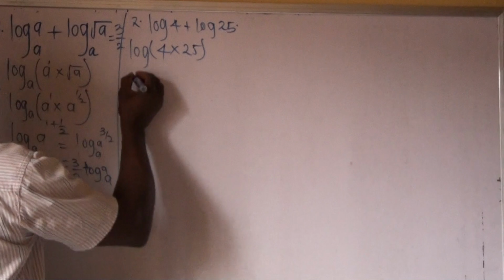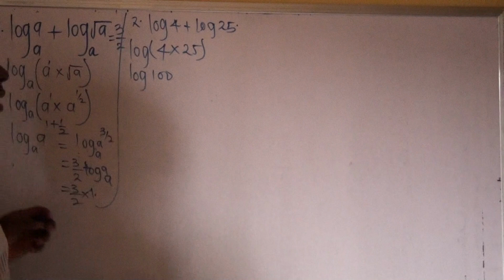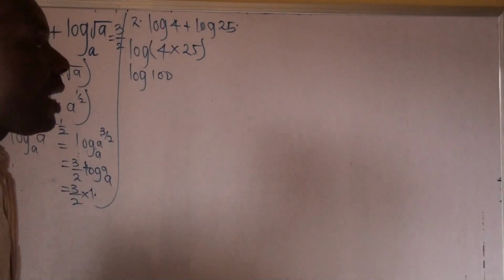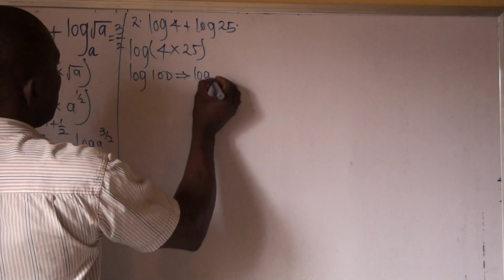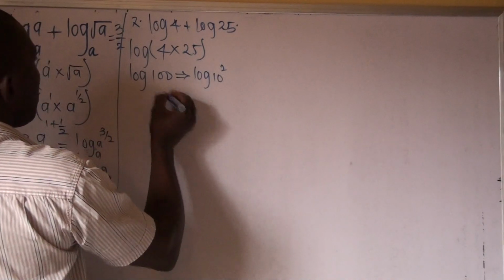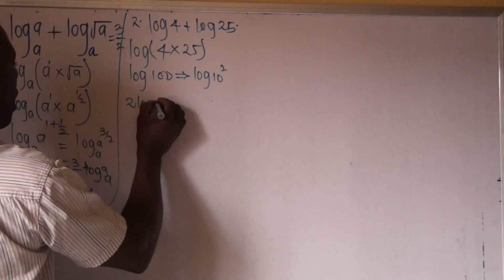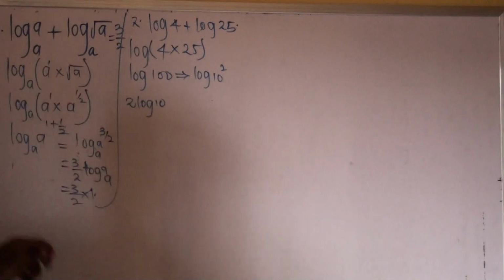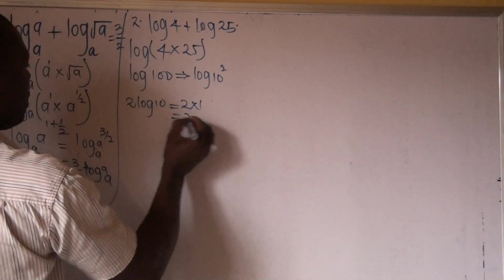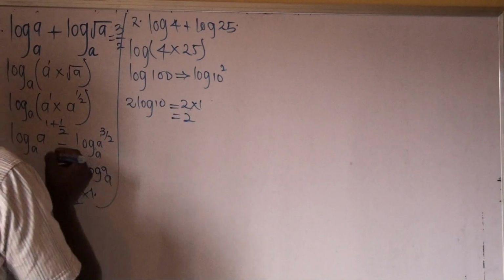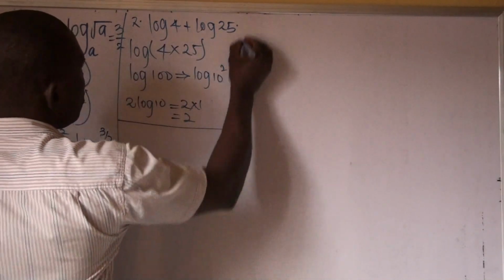Here this becomes log 100, and we can express 100 as 10 raised to power 2, so log 10 squared can be written as 2 log 10. We know log 10 is 1, so our answer is 2 times 1, which is 2. So log 4 plus log 25 is equivalent to 2.